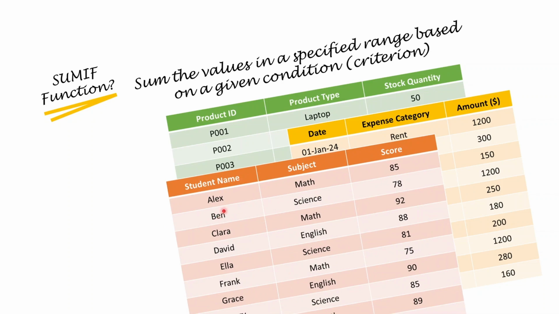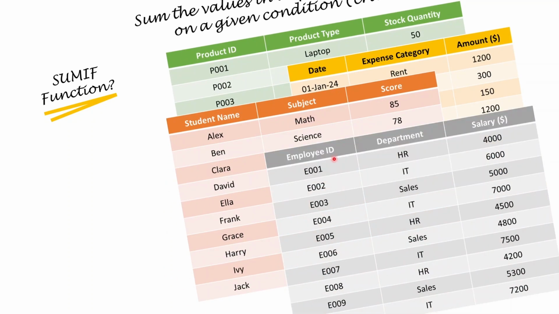Similarly, to calculate the total marks of a student on different subjects, I want to calculate how Alex did in maths and science and so on. Similarly, if I have different employees and departments, I can calculate the total salaries given in each department, for sales. So I can calculate the total salary using the SUMIF function.